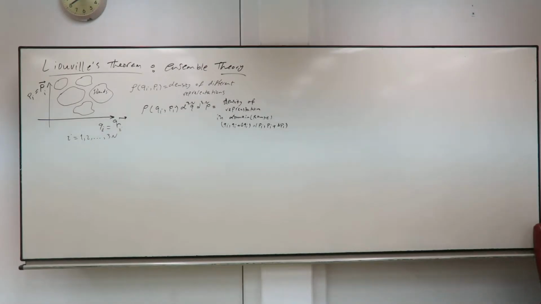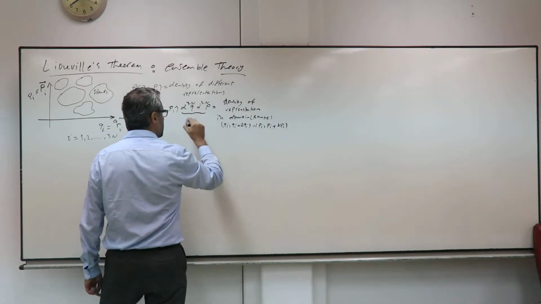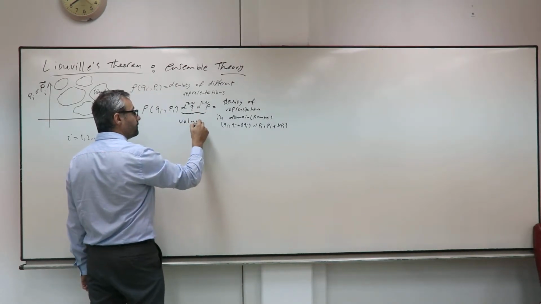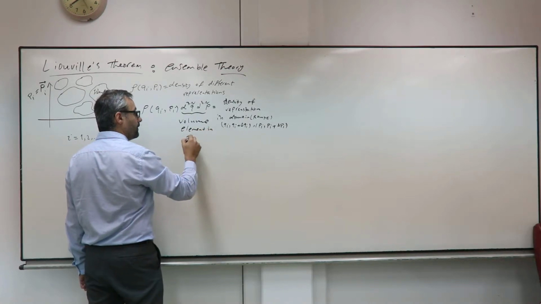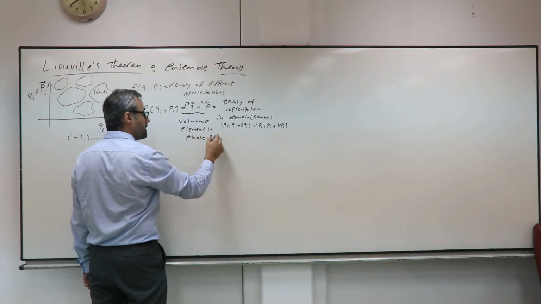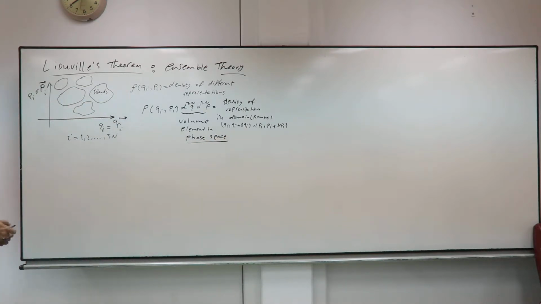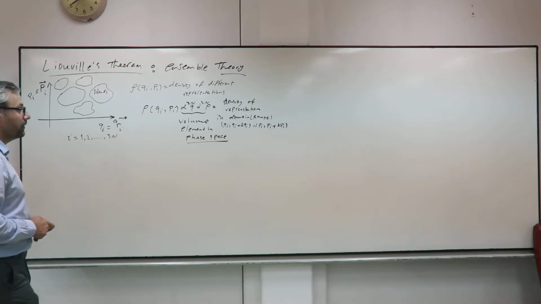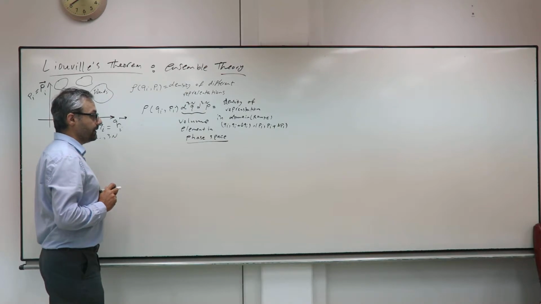This is d3N q d3N p, a volume element in phase space. This is a hyperdimensional volume, or 2·3N-dimensional volume element, in the phase space.